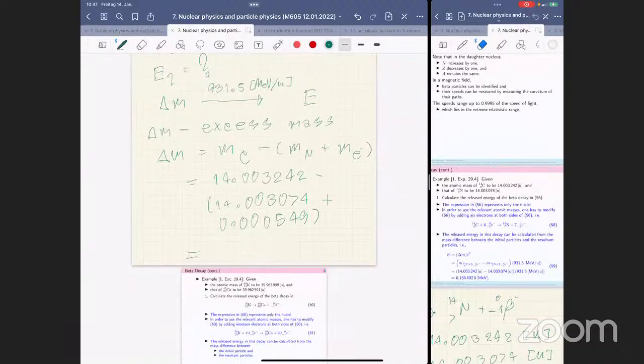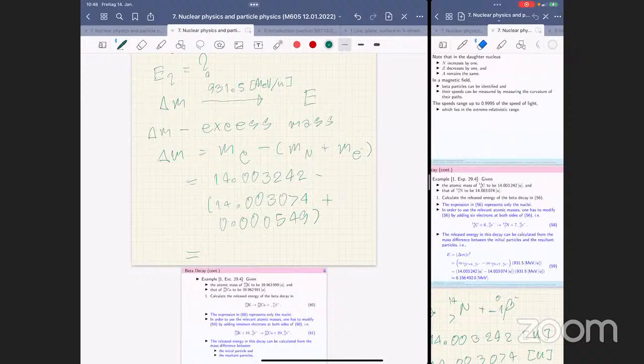Just put it into the calculator. Where's the calculator? Here, calculator. Okay. Delta M, oh my God, what happened? Keyboard.